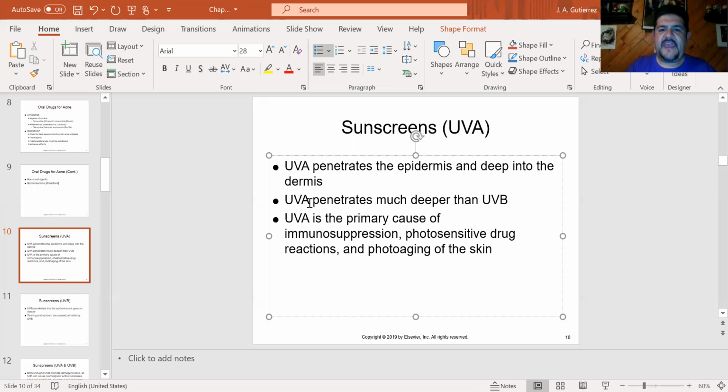So UVA is more aggressive than ultraviolet radiation type B. When a patient has very sensitive skin, we need to use a sunscreen that specifies it blocks UVA radiation.